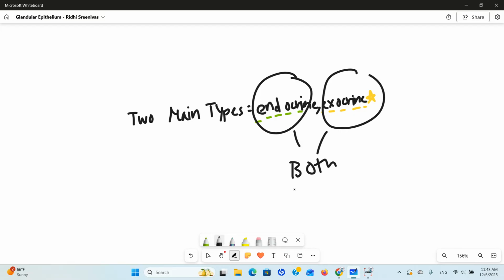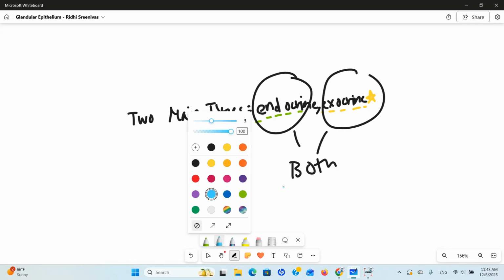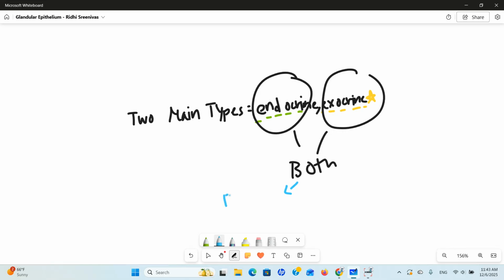Those sorts of things will come in later videos, probably when we talk about the endocrine system. But I'm going to leave you with some examples just to get you thinking. An example that does both secretions is the pancreas, the liver, and the gonads, or the reproductive organs.